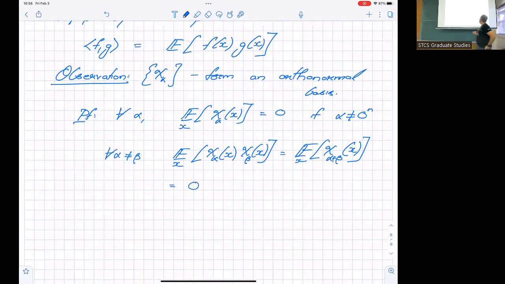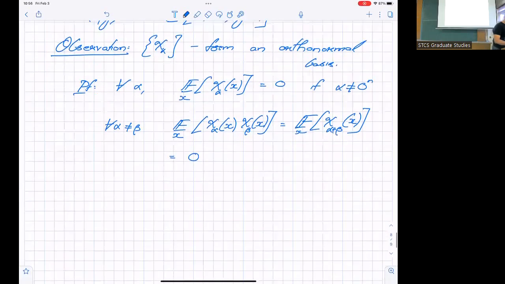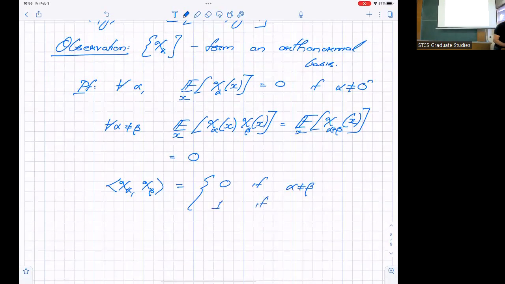If alpha is not equal to beta, alpha plus beta is a non-zero guy. Therefore, this is 0. That's it, and that gives you the whole thing. This tells you that the inner product of chi alpha and chi beta is 0 for alpha not equal to beta, and it's 1 if alpha equals beta.